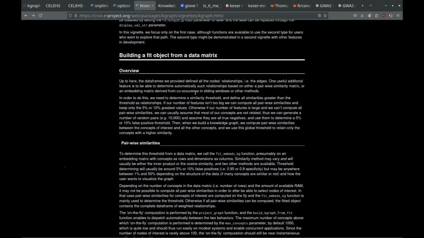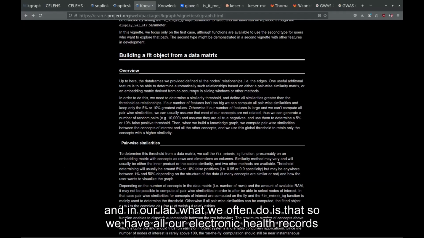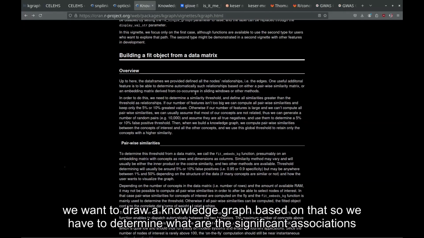As I'm describing in the vignette, previously we had a data frame where we had all the relationships defined. In our lab, what we often do is, we have all our electronic health records and we want to draw a knowledge graph based on that.